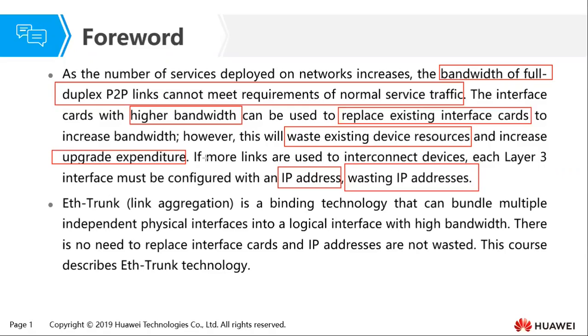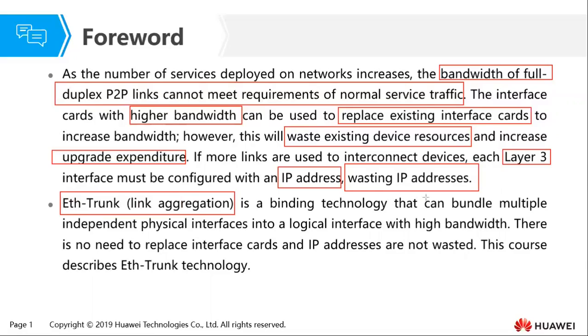So if we have to configure more links between devices in order to increase bandwidth, each layer 3 link must be configured with an IP address, and therefore it's going to waste IP addresses. The solution to all these problems is what we call link aggregation, also referred to as Eth-Trunk.